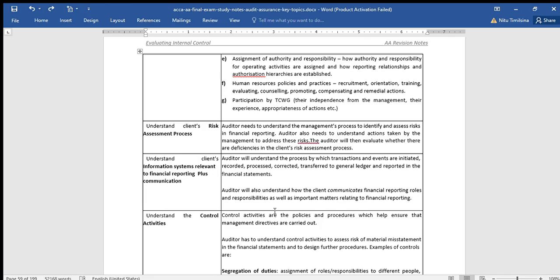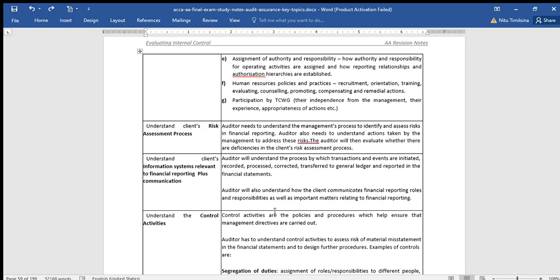The auditor will then evaluate whether there are deficiencies in client risk assessment process. So we can say that management must identify risk, for example fraud or error. Management must analyze them and take actions. An auditor needs to check whether management is even aware of their risk or not.